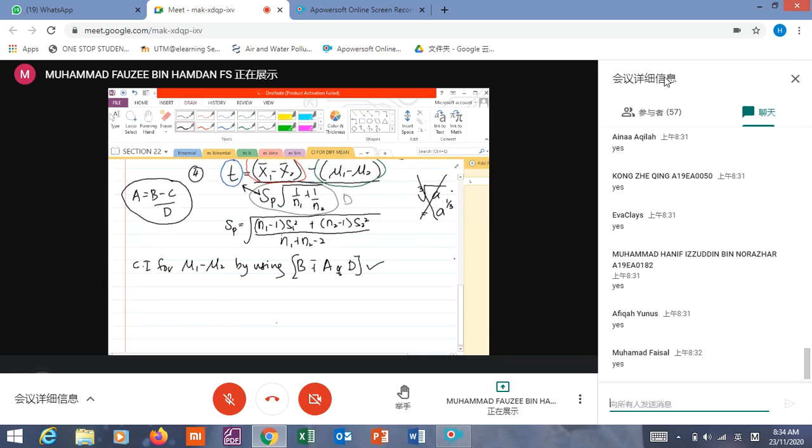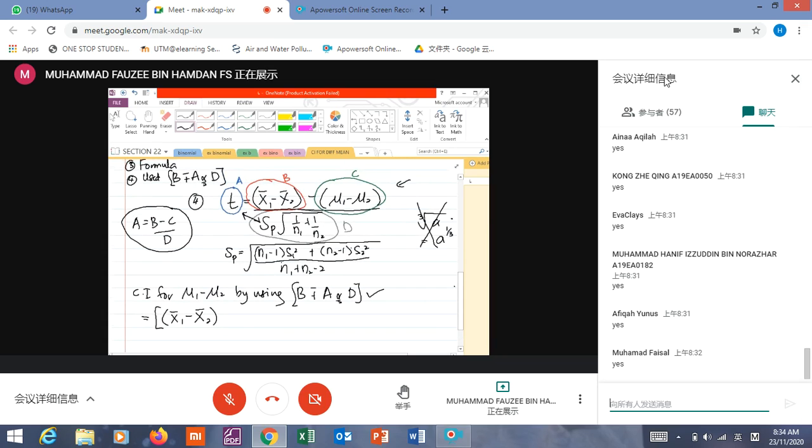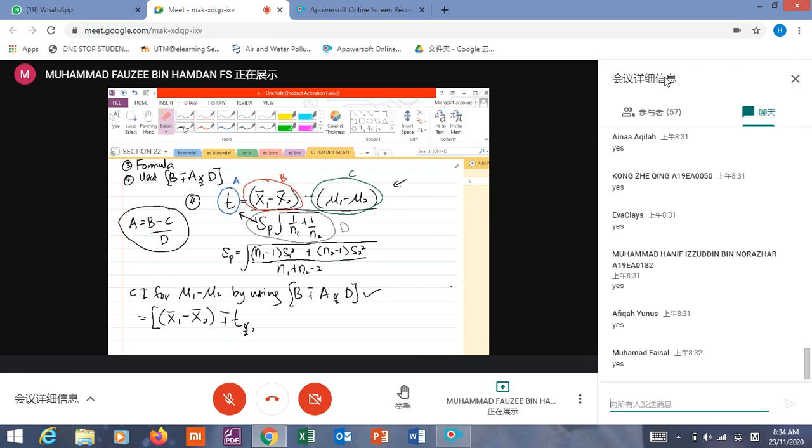So now, if we construct the confidence interval for case number 4 by using B minus plus A alpha over 2 D, what is your B? Your B is X bar 1 minus X bar 2. Minus plus, what is your A? Your A is T alpha over 2 with the degree of freedom for case number 4. Don't worry, the degree of freedom is also given.